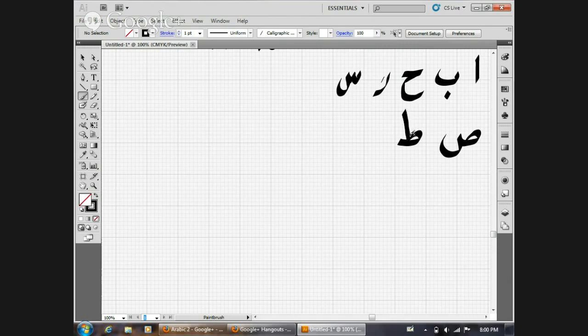That's the correct way to make the ta. The incorrect way, which if you do, it's not a huge deal, is where you start from the top and you go like this. For a lot of people, this is a lot easier, right? Now, in terms of the way it looks, it almost looks the same, but expert writers say that you should write it the way according to this.